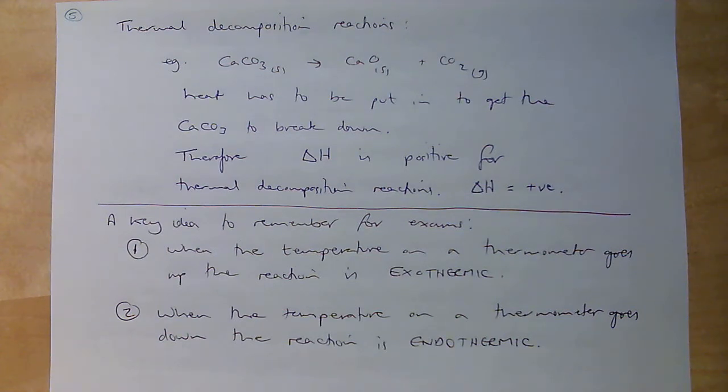All you've got to remember is that when the temperature on the thermometer goes up, the reaction is exothermic. When the temperature on the thermometer goes down, the reaction is endothermic.